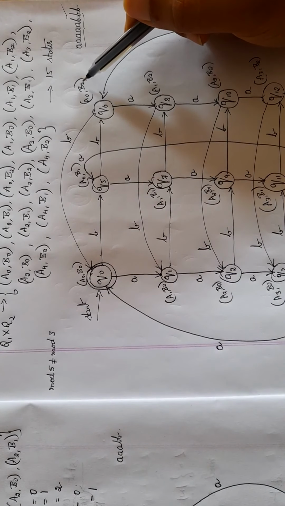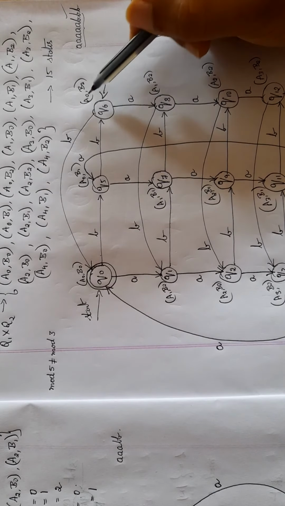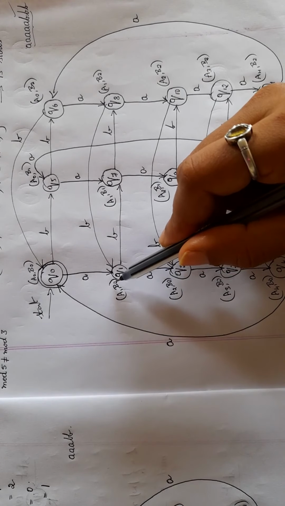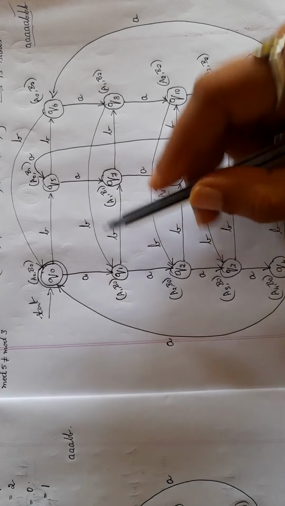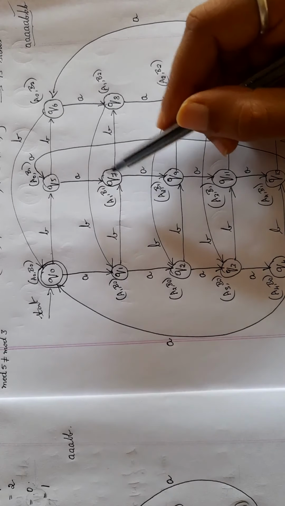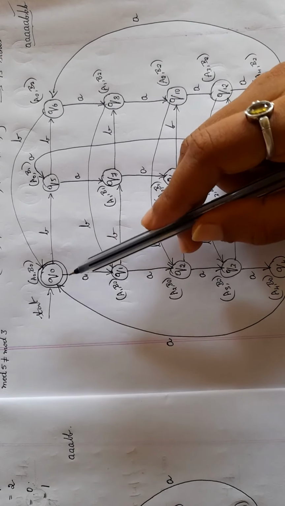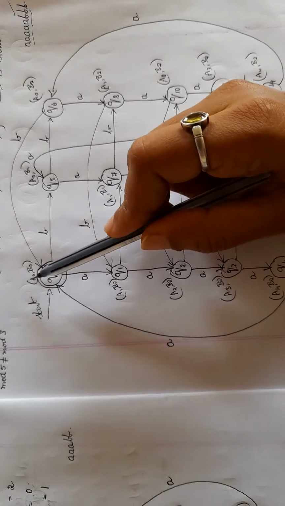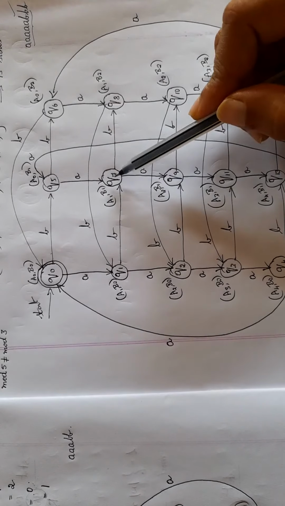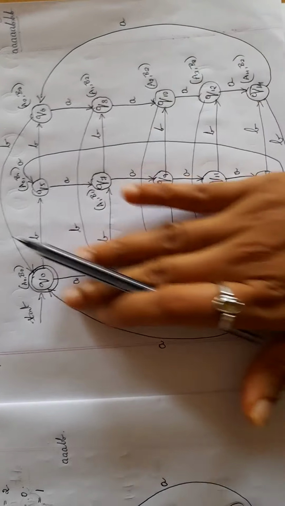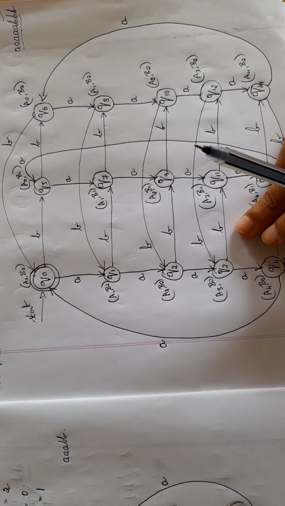A0 is not equal to B2, so this becomes the final state. A1, 1 is not equal to 0, so this becomes the final state. But 1 is equal to 1, so this doesn't become the final state. So likewise, I have different combinations. I have combinations 0, 0, 1, 1 and 2, 2. So other than these three states, everything else will be a final state.